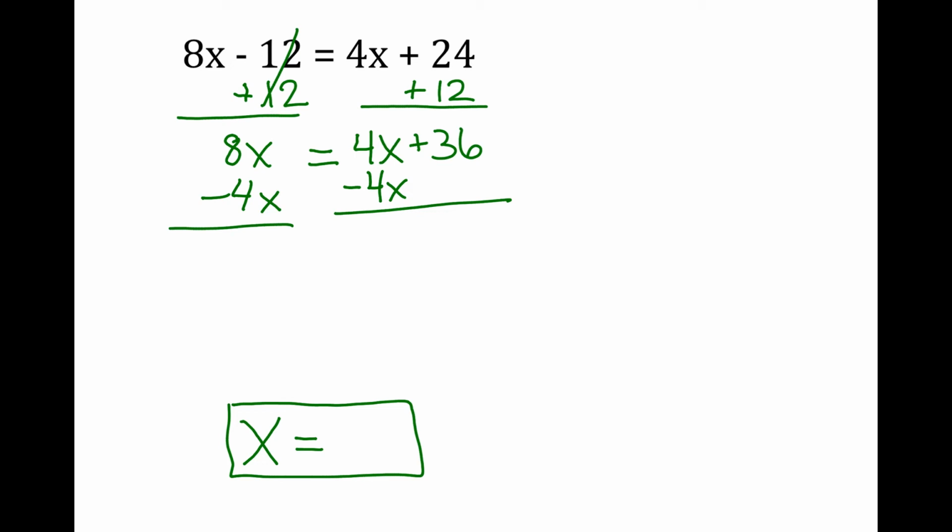Over here, we're left with 8x minus 4x equals 4x. These cancel, and we're left with 36. Looks a little bit simpler now. The 4 and the x is being multiplied, so we divide each side by 4, and we're left with x equals 9.